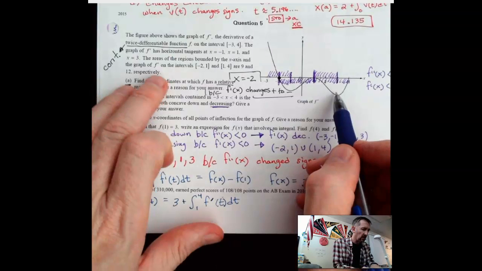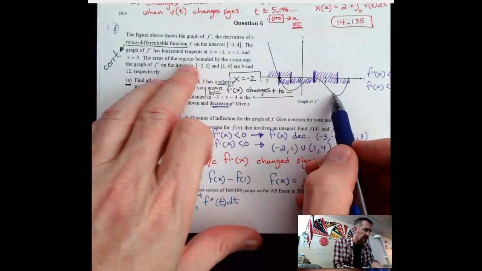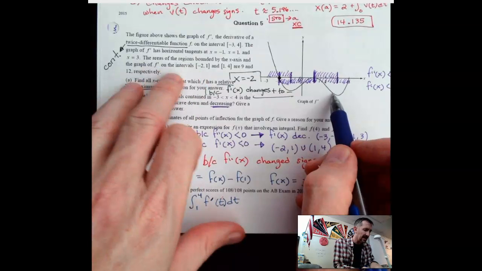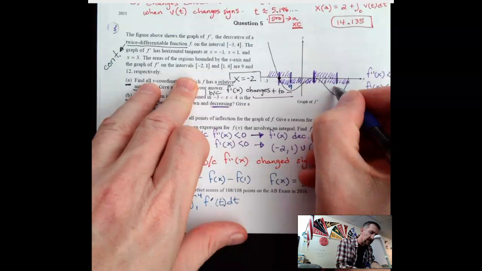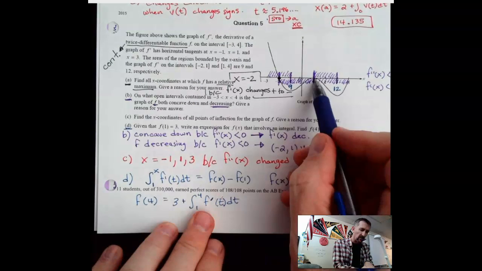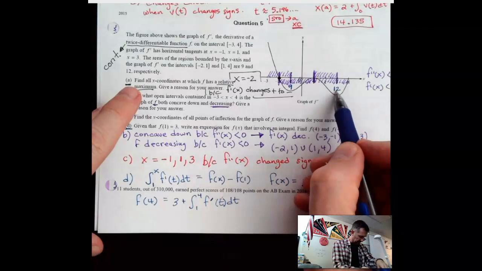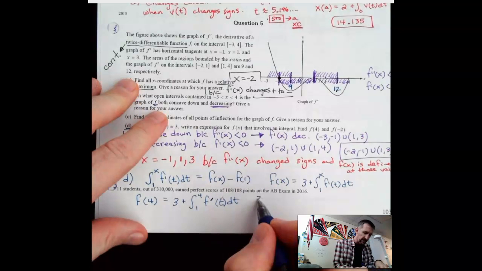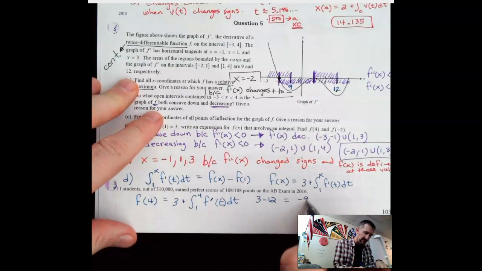They told us from 1 to 4, the areas of the regions bounded are 9 and 12. So this is 9 and this is 12. So the integral from 1 to 4 is going to be negative 12. So this is going to be 3 minus 12, so that's going to be negative 9.